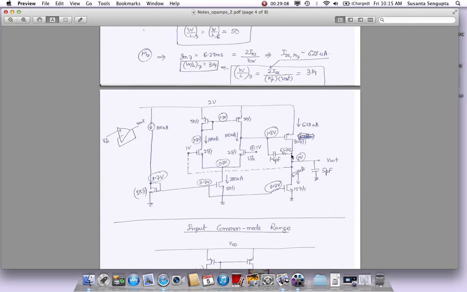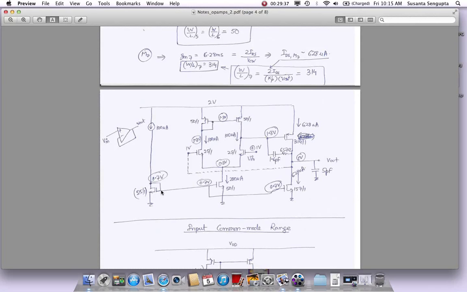The DC voltages are important because remember, we did not check the DC voltages. We have to check the DC voltages here to make sure that all the devices are in good saturation. Otherwise, these assumptions we made will not be valid. So we started with saying that let's say the supply is 2 volt to give us enough supply. Maybe the inputs are at 1 volt, which is half the supply. Okay, so here the voltage will be 700 millivolts, because that is VT plus V on.